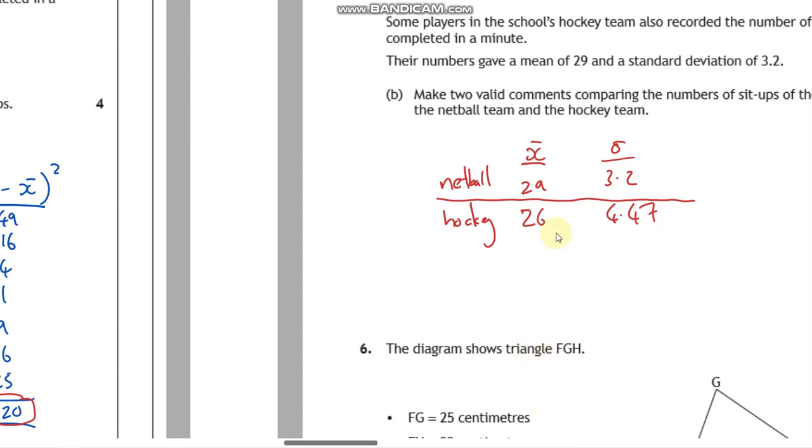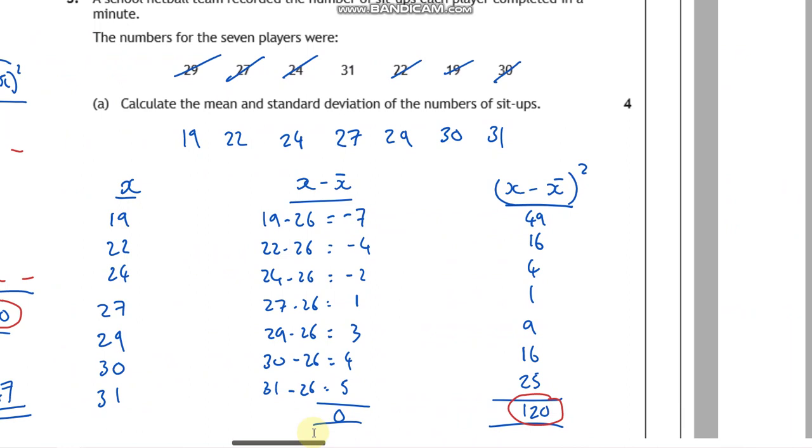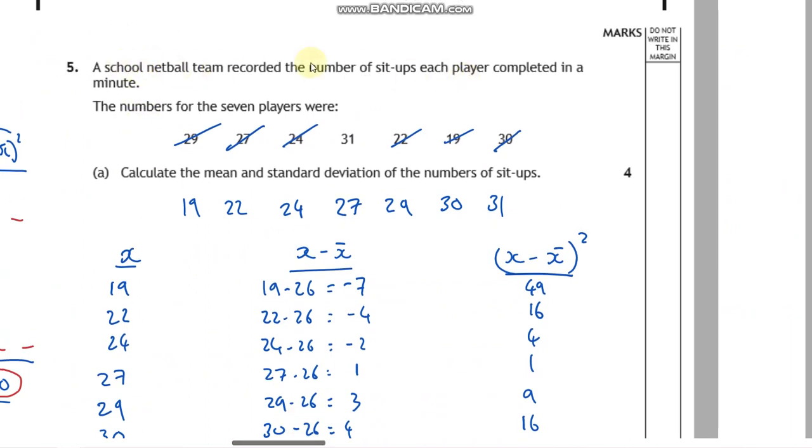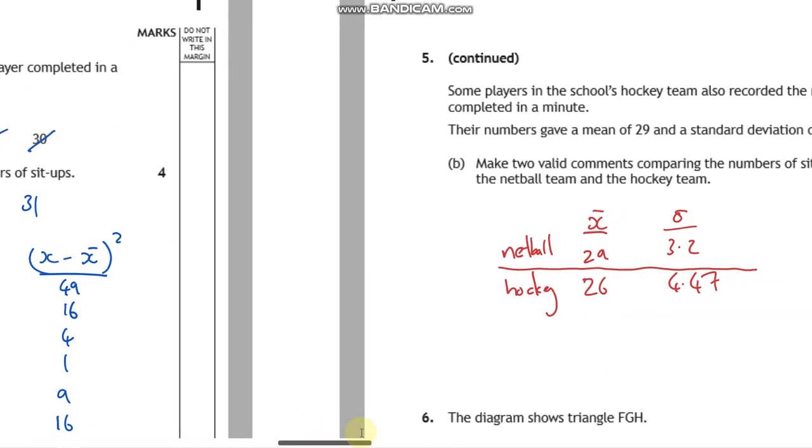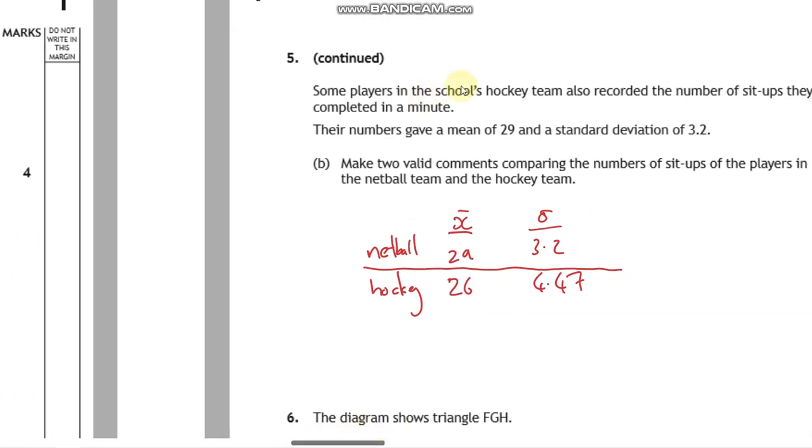So let's look at the mean number then. So we're looking at mean number of sit-ups between the netball team and the hockey team. So I've got that written the wrong way.